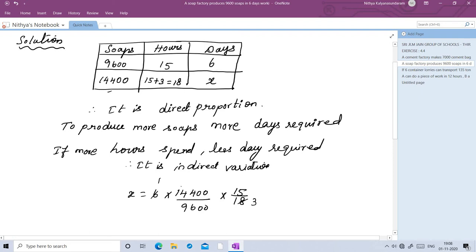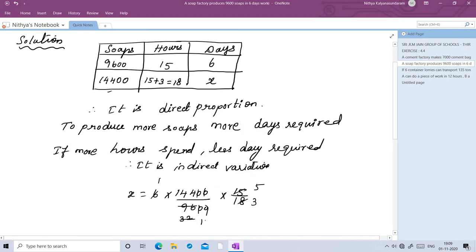6 table. 6 threes are 18. The two zeros you can cancel. 3 table. 3 threes are 9, 2 threes are 6, then 5 threes are 15. Again cancel in 2 table.